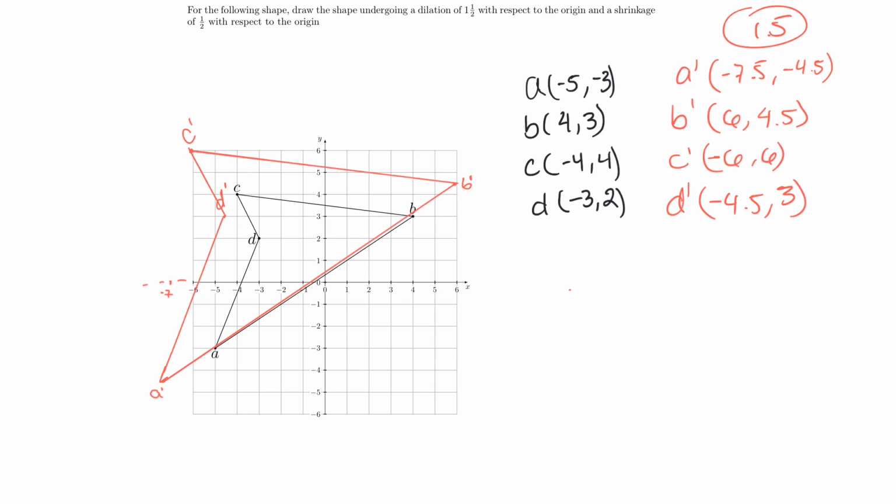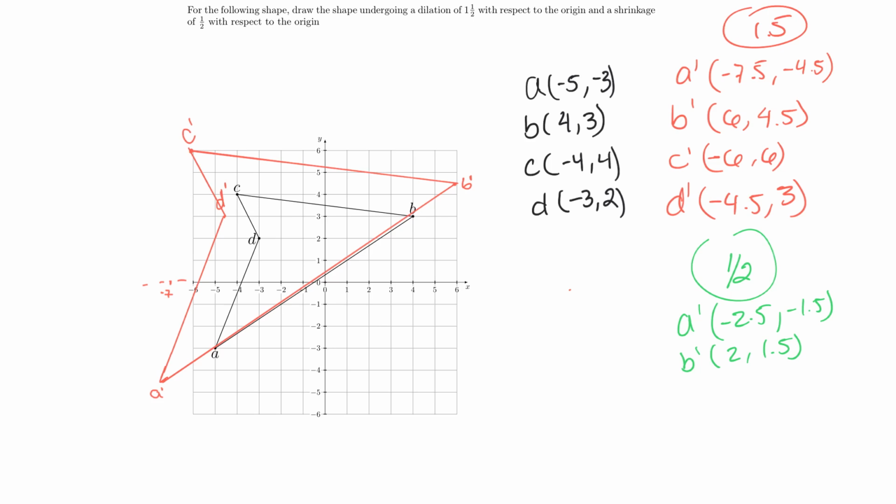Okay, so the next step will be to get the new coordinates. Now is a factor of 1/2. Okay, so the new coordinates will be A will be -2.5, -1.5. B will be 2, 1.5.